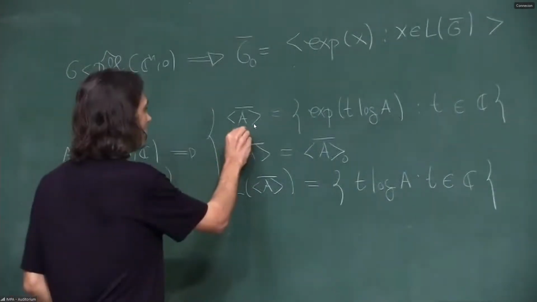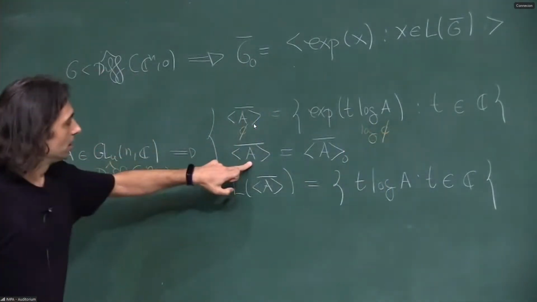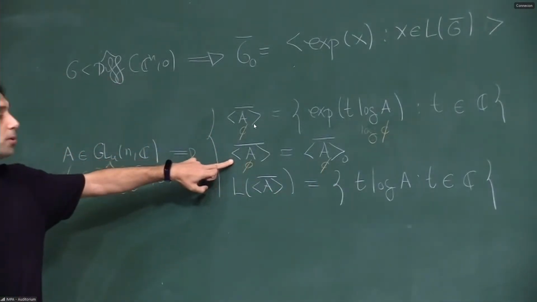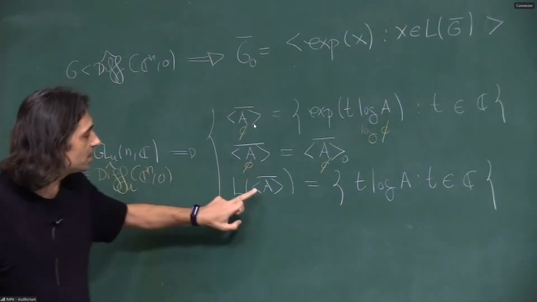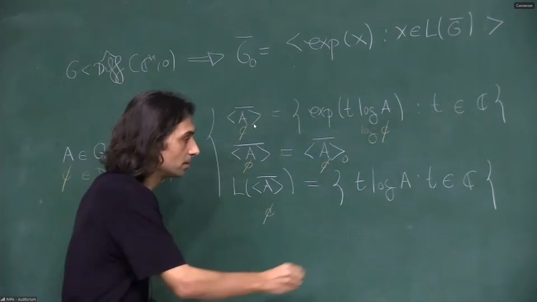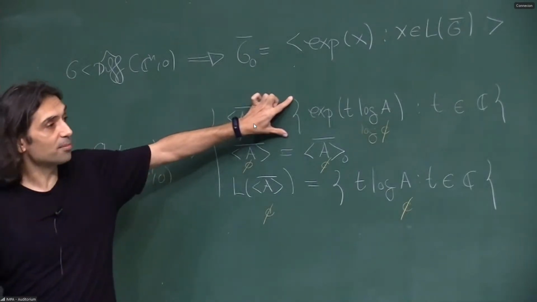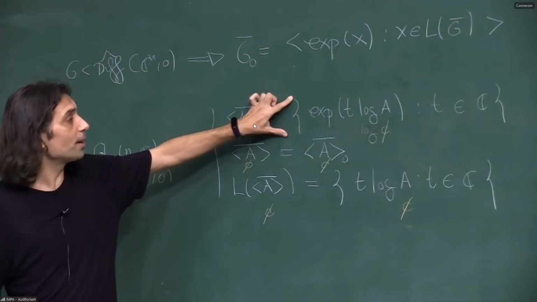You consider here phi, here the logarithm of phi. When you consider here the closure of the group generated by phi, it is the same as its connected component of the identity, and you just replace A with phi, and all these results are the same. So in this way, we have more examples, maybe not very difficult, but more examples of pro-algebraic groups.